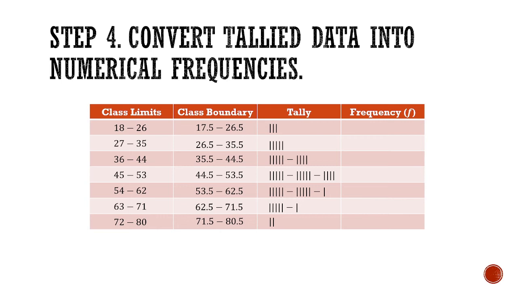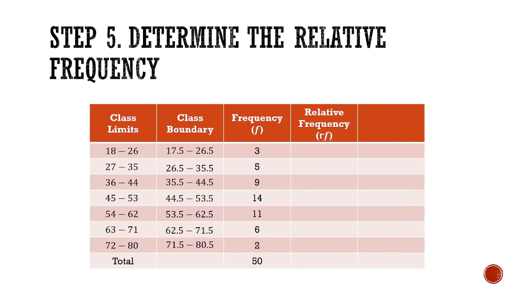And the next is we just need to convert that to frequency. We have there 3, 5, 9, 14, 11, 6, and 2. Okay? For the next part, I think we need to get the relative frequency. We know that all of our data, or n, is equal to 50.